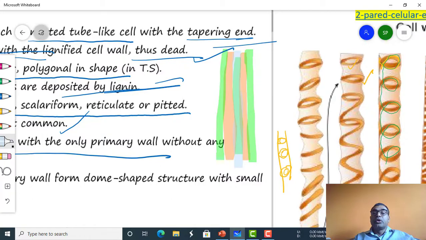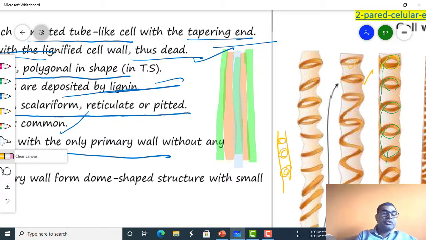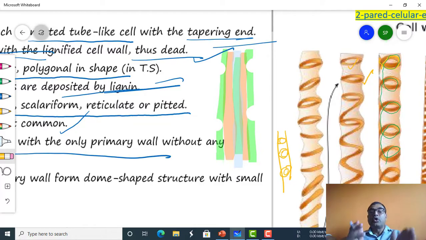Okay. So what is present in the simple type of pits? The simple pits show the absence of the secondary cell wall. So a portion which shows an absence of the secondary cell wall is called a simple pit.